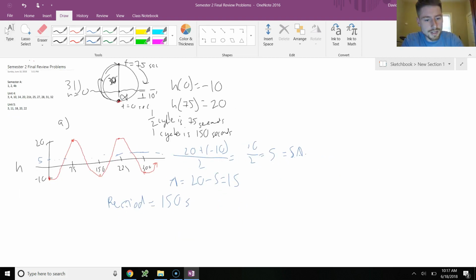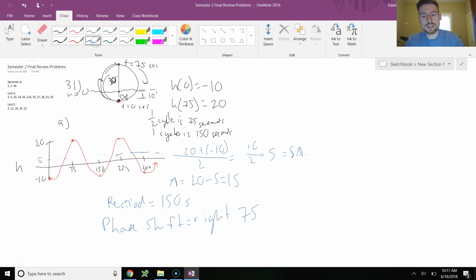The answer is yes, we need a phase shift for cosine: right by 75 seconds. The reason we need this phase shift right 75 seconds is because cosine's graph would start at the top, and we actually want the top of the graph to be 75 seconds later, to the right.